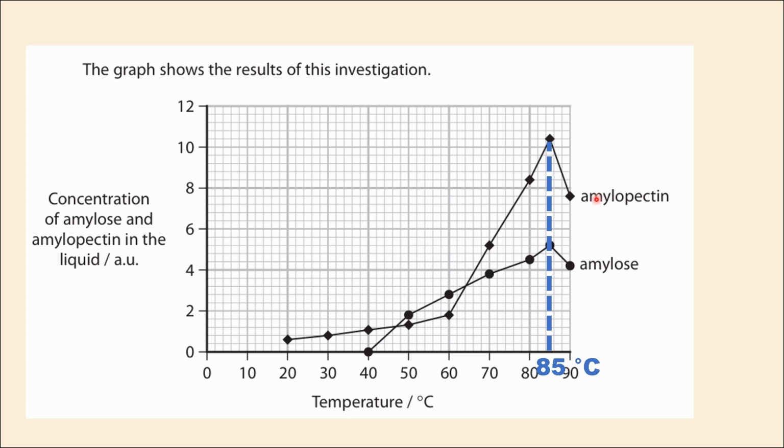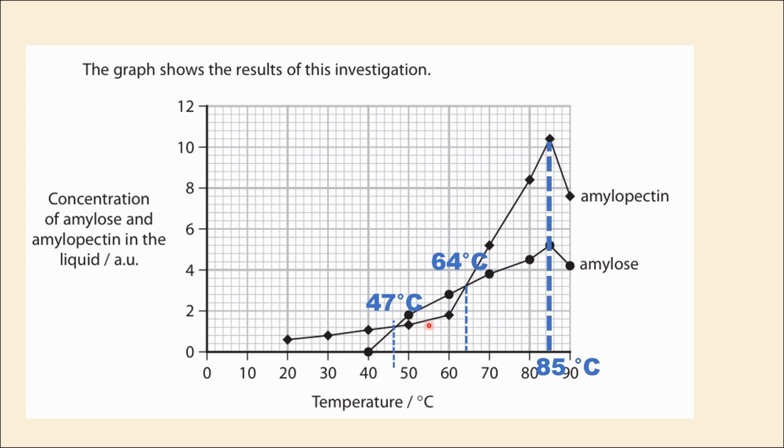And also you can see the highest loss of both amylose and amylopectin occurs at 85 degrees Celsius. And also at approximately 47 degrees Celsius and around 64 degrees Celsius, the loss of both amylose and amylopectin is equal.